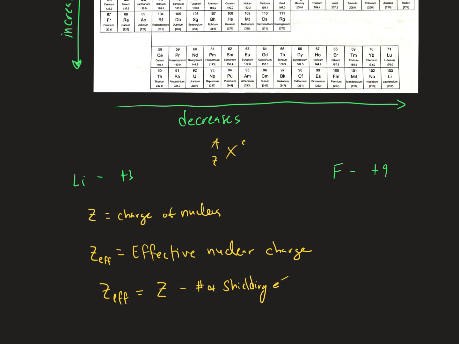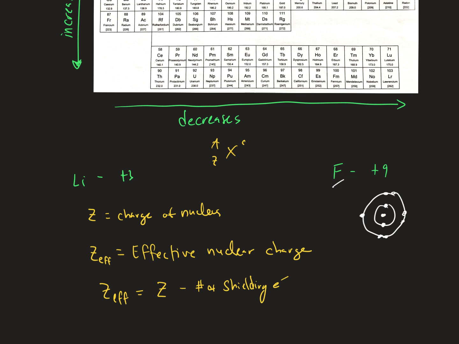So if we draw a Bohr model, I like the Bohr model because it's simple. We've got 2 electrons on that first energy level. For fluorine, for example, how many do we have on the second energy level? Look at your periodic table. 7. 1, 2, 3, 4, 5, 6, 7. Okay?